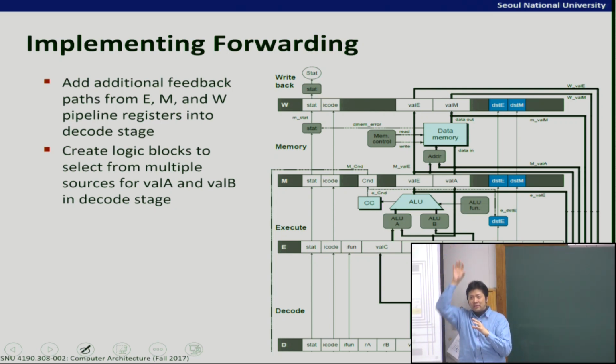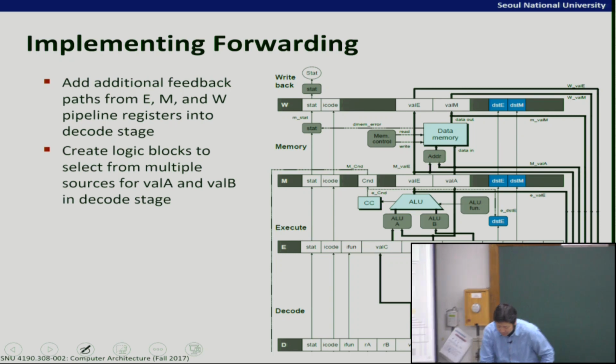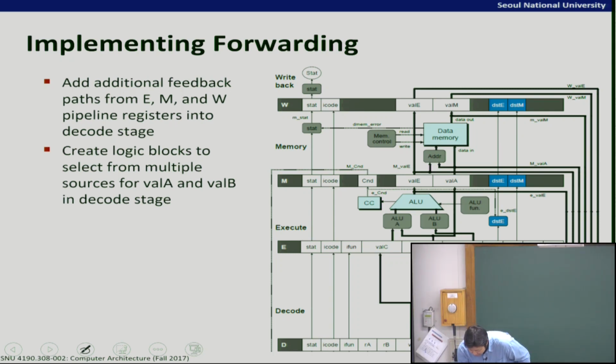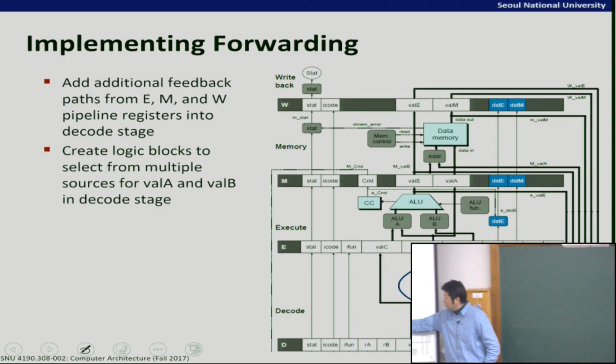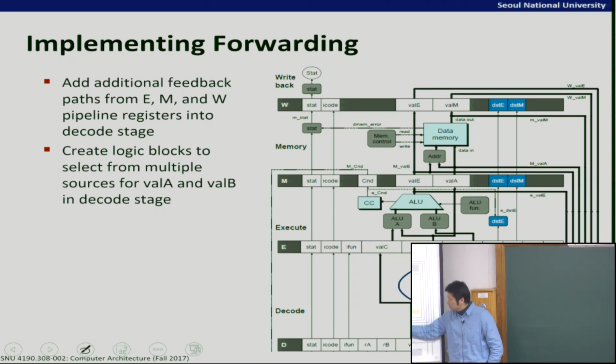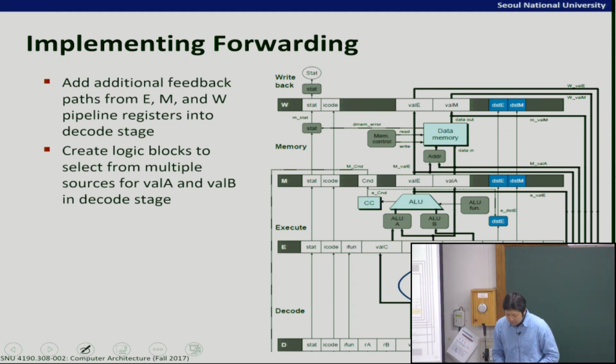There are 3 different stages that can produce the value, and we also need a logic block that selects from multiple sources for valA and valB in the decode stage. As I said, there are 2 forwarding logics, one for each of valA and valB. One logic selects one of the 6 candidate values for valA, and this logic selects one of the 6 candidate values for valB.